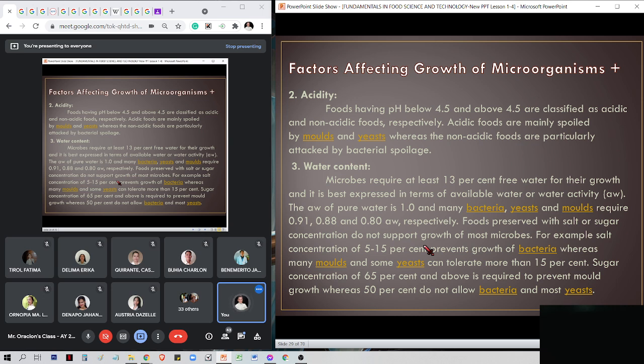But in food, okay? If the level of acidity is lower, it is targeted by microorganisms or bacterial spoilage. It could also be molds and yeast. But if the level of acidity in a food is higher, it will turn acidic. Acidic food is more easily captured by molds and yeast.